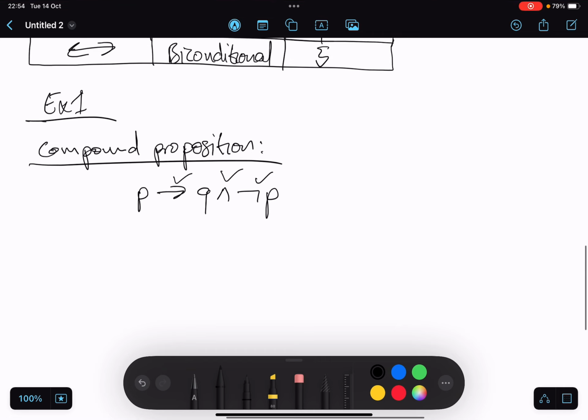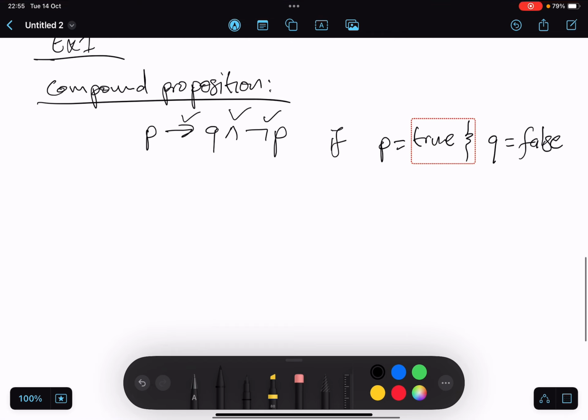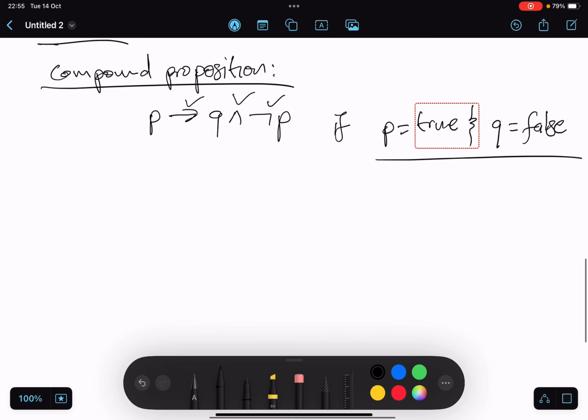So if P is equal to true and Q is equal to false, these are the conditions. Now the negation of P: the value of P is true, so if we take the negation of P, P will be false.